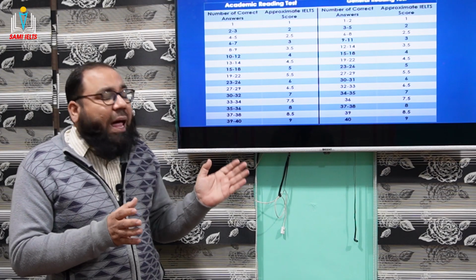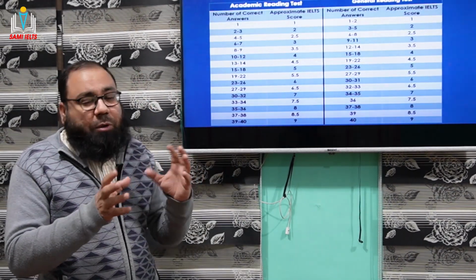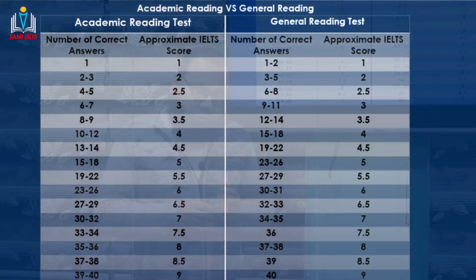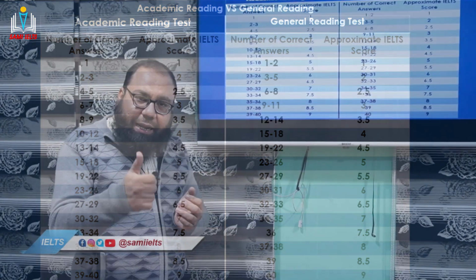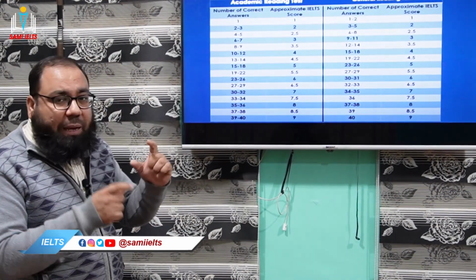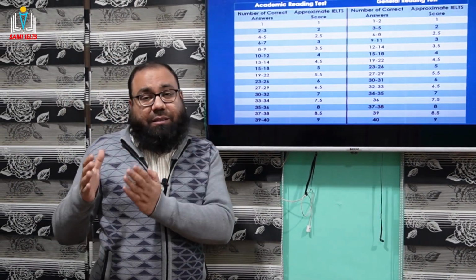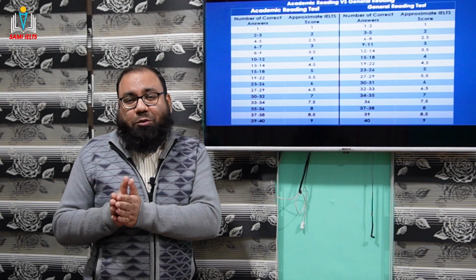Now, as far as the band calculator, let's discuss how band is given to academic students and how band is given to GT students. Look students, if we see academic, the academic band calculator is very relaxed, but the academic text is very difficult. So this is the relaxation given to academic students.